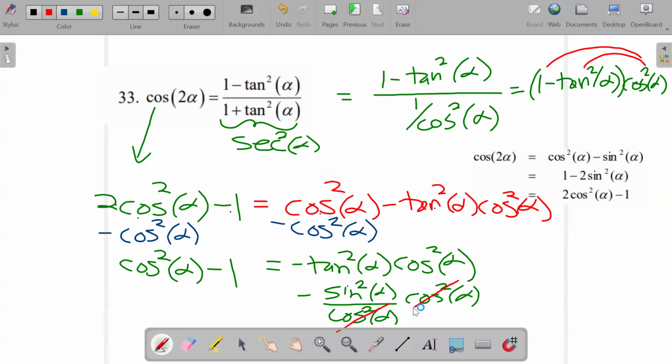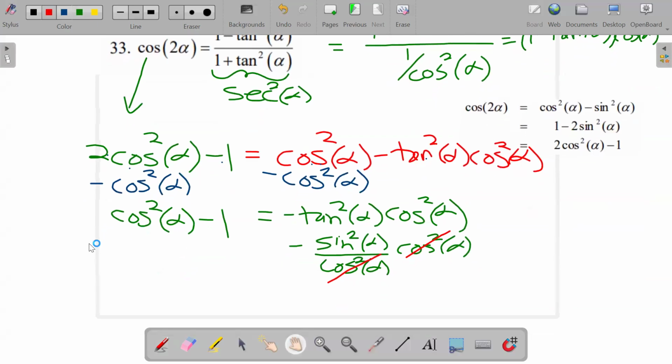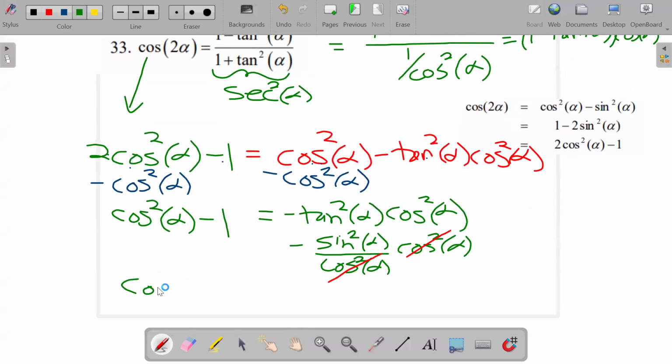Cosine squared of a cosine squared is 1. And this is starting to look promising. What's left? Cosine squared of alpha minus 1 equals negative sine squared of alpha.